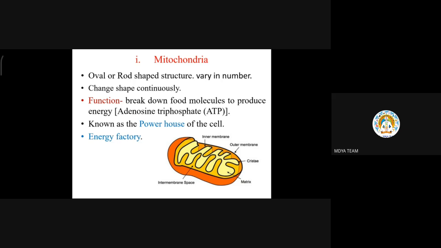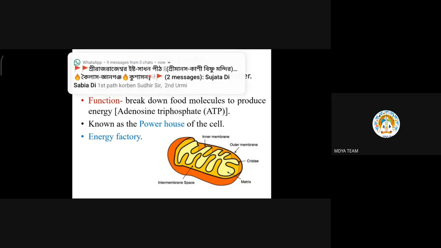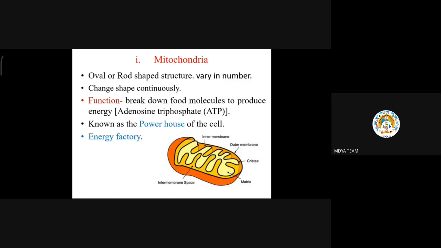The main function of mitochondria is to break down food molecules to produce energy. That is why it is known as the powerhouse of the cell or energy factory. And we all know that energy in our body is present in the form of adenosine triphosphate, ATP. The more ATP present in our body, the more energetic we will be.